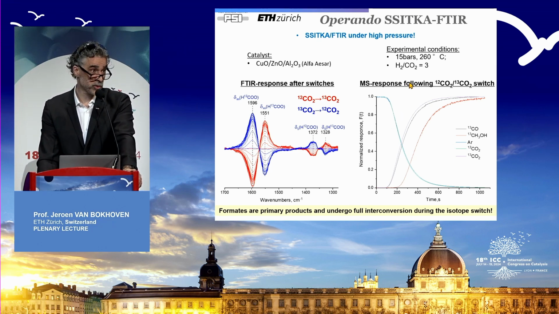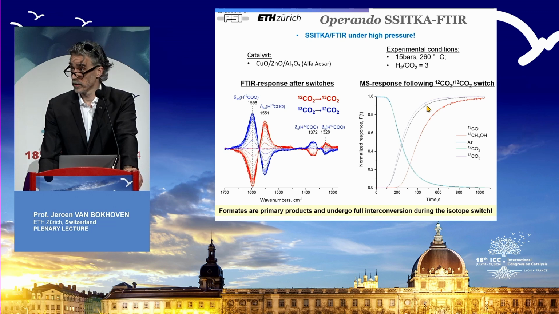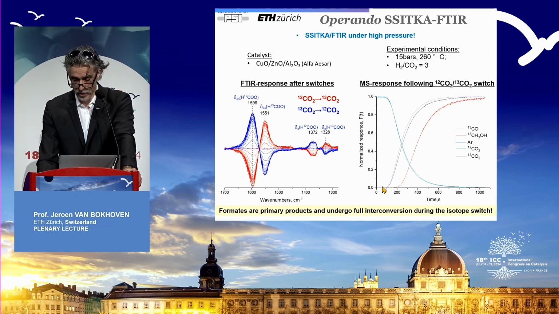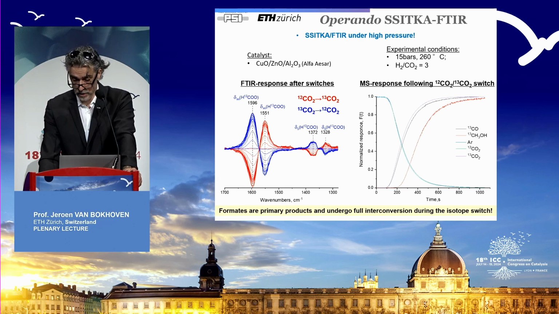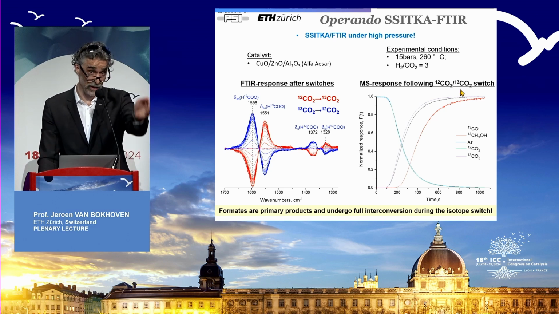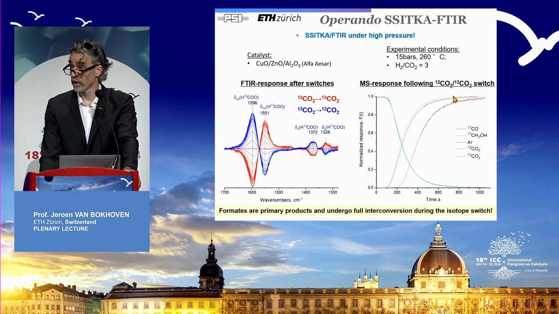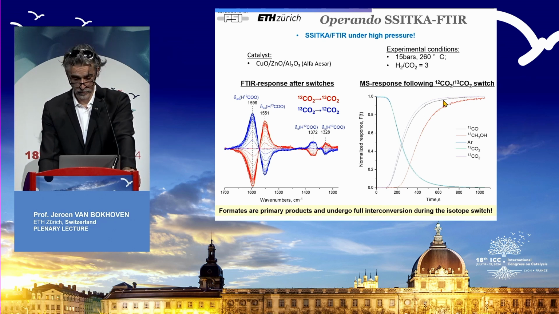If you look at the mass spec response, which is in the same system, the same measurement, there's the rapid appearance of carbon 13 CO2, and very interesting, CO, carbon 13 almost directly forms, and then there's the methanol carbon 13 that has a delay in the system.